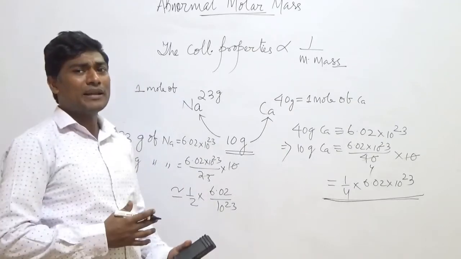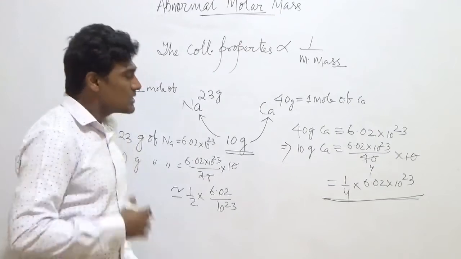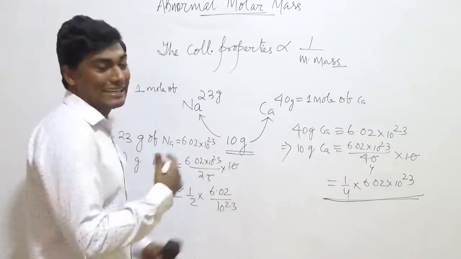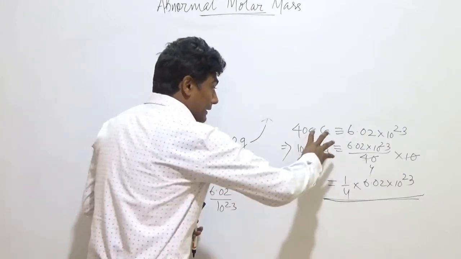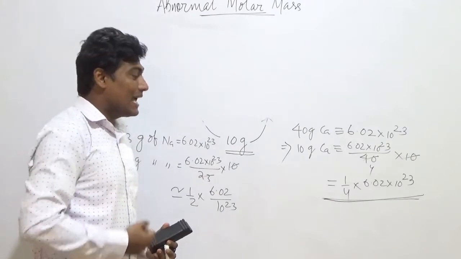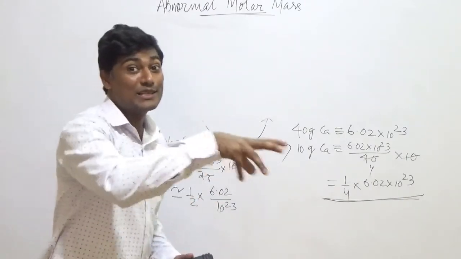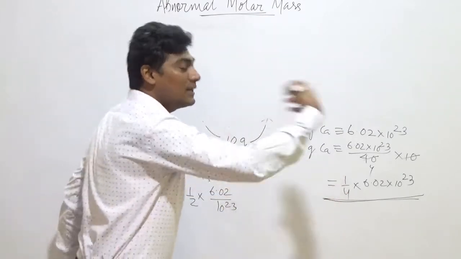Smaller will be the number of particles, smaller will be the value of colligative properties. Next, if we consider atomic mass as molecular mass, similarly we get that higher is the molecular mass, lesser is the number of particles. So from the element we can consider the compound.